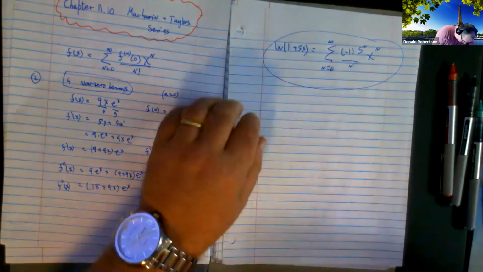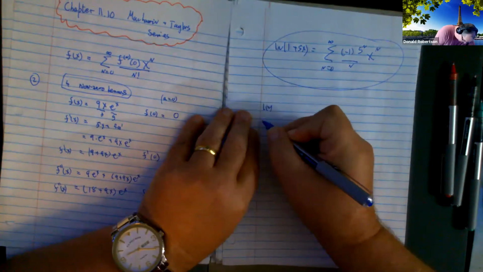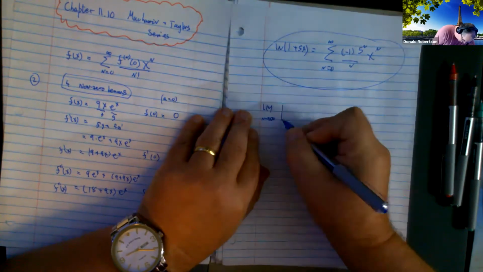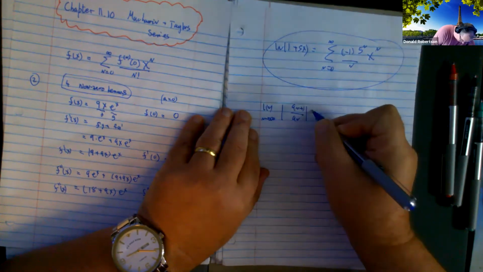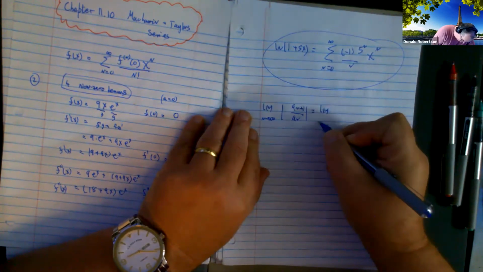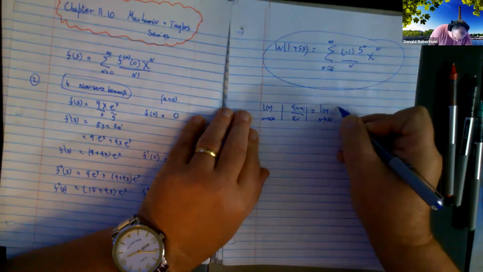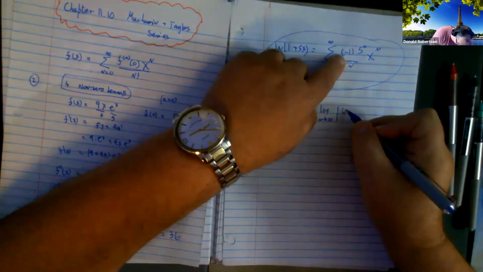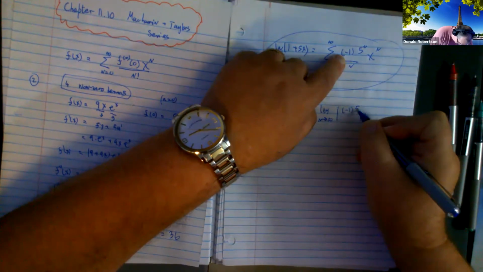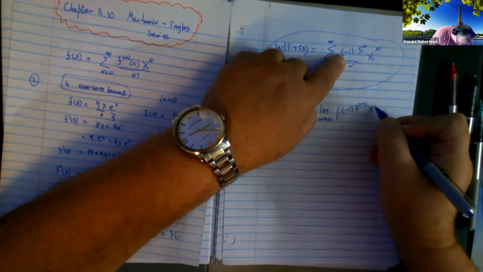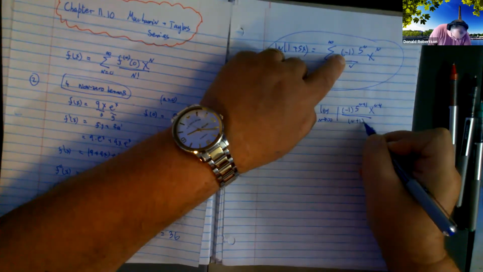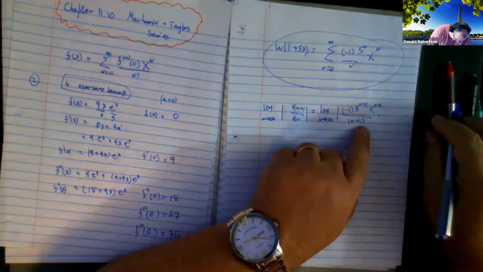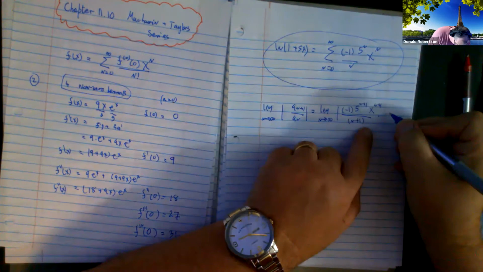So the limit as n tends to infinity of a sub n plus 1 over a sub n. That's going to be the limit as n tends to infinity of all of these with an n plus 1, divided by all of these with an n turned upside down.